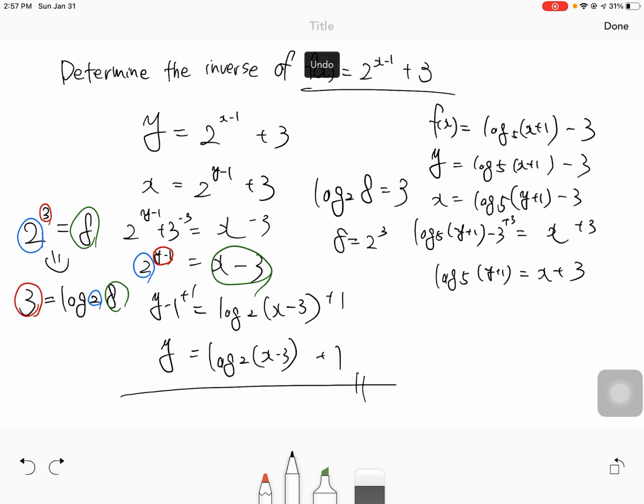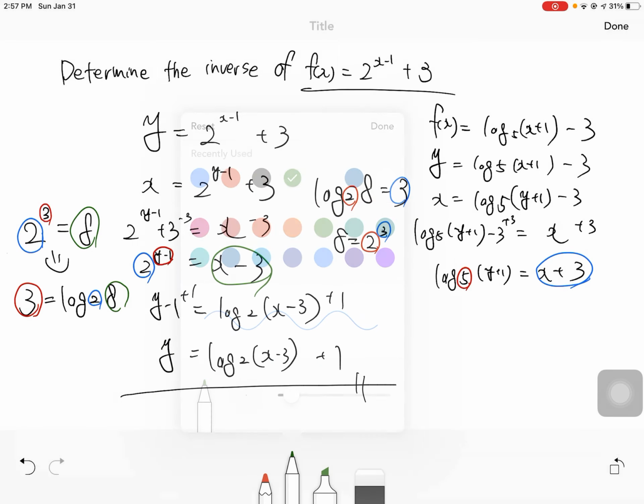So using this idea, these correspond. The blue one, let me just change the color. The blue one corresponds. And last, the green one.